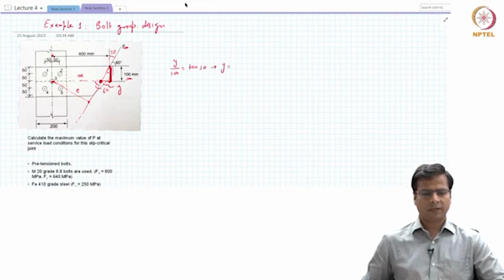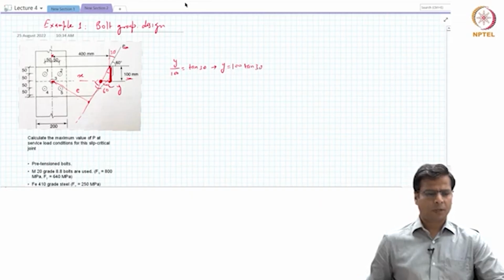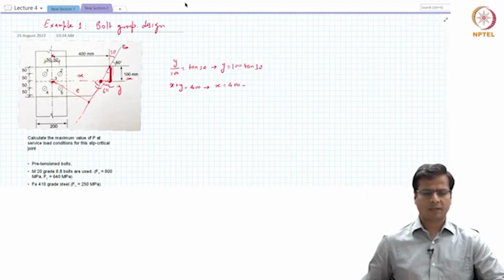From there we get Y equal to 100 tan 30. Now we know that X plus Y is equal to 400, which means X is equal to 400 minus Y, with Y equal to 100 tan 30. So we can calculate the value of X.